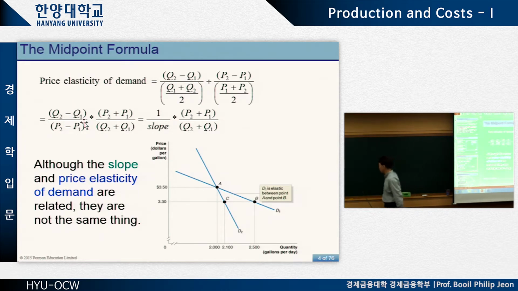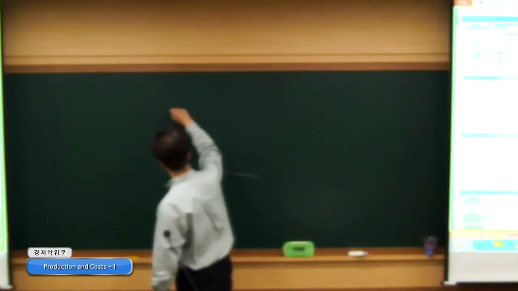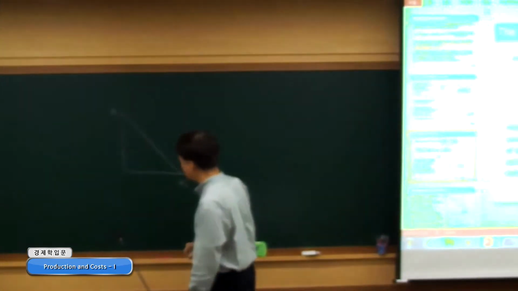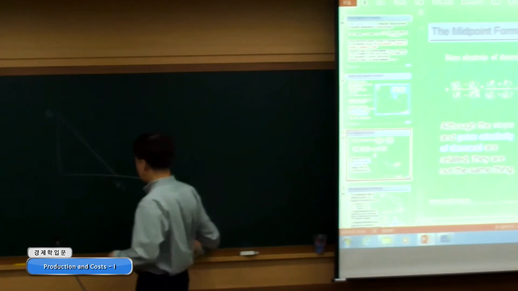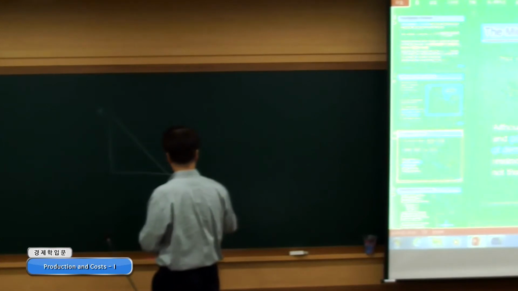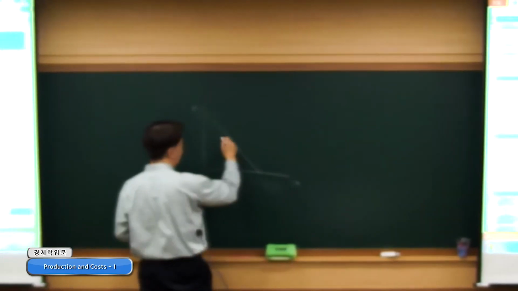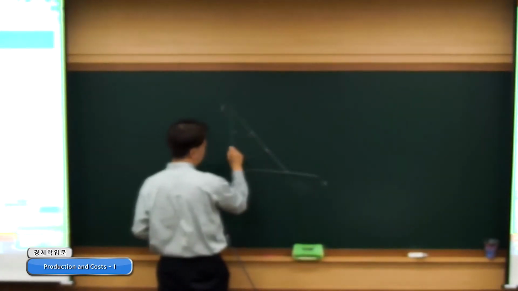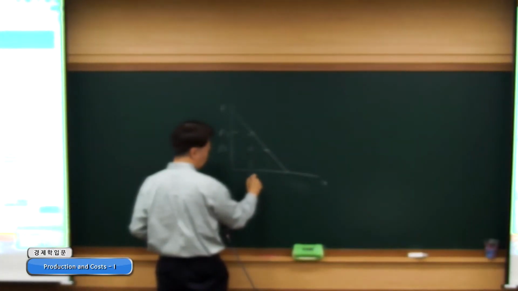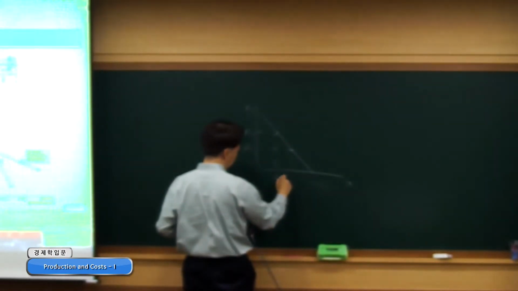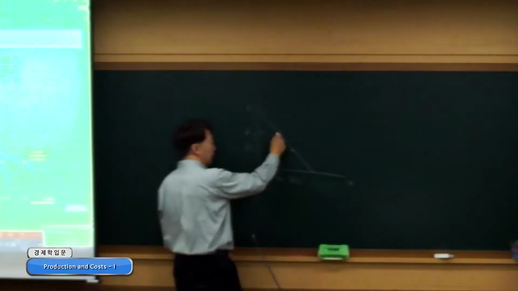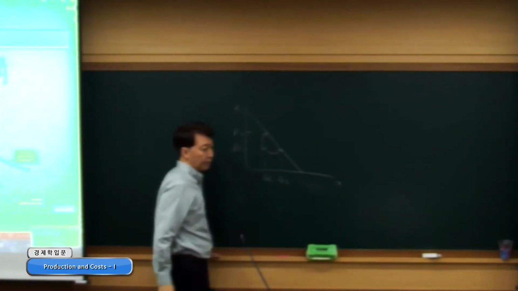Because if you have a demand curve like this, let's say this is P1, P2, and Q1, Q2. The slope is this distance divided by this distance.